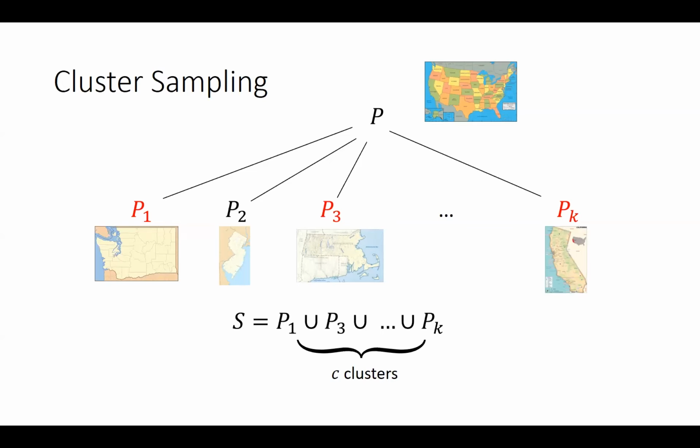States are actually not such a great example of this, because for this to work I want the clusters to be internally heterogeneous but mutually homogeneous, so sampling everybody from some small number of clusters will still be representative of the country as a whole.